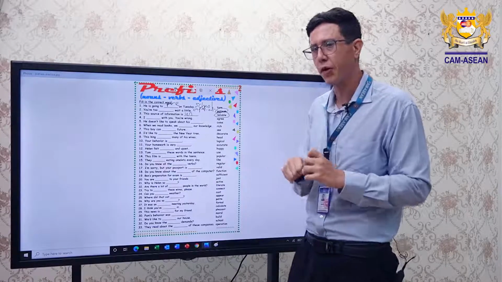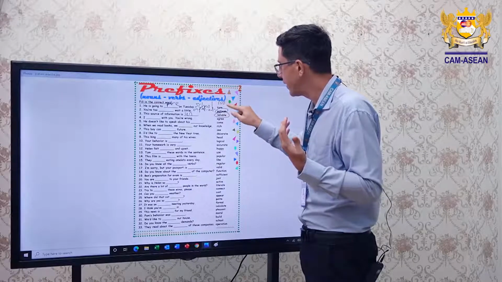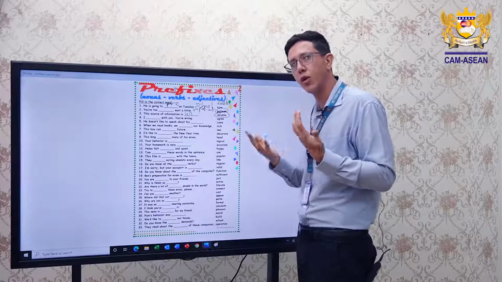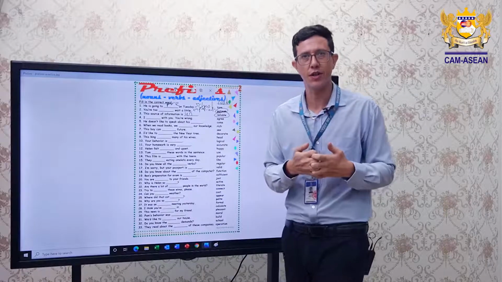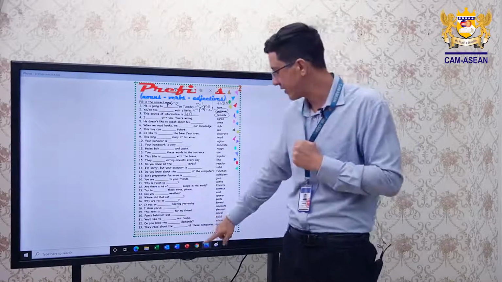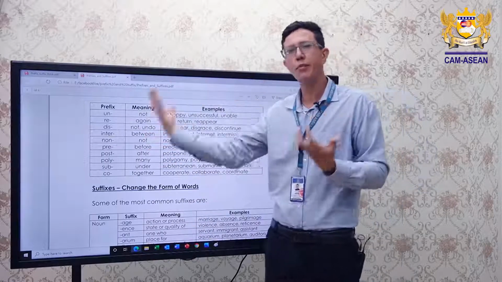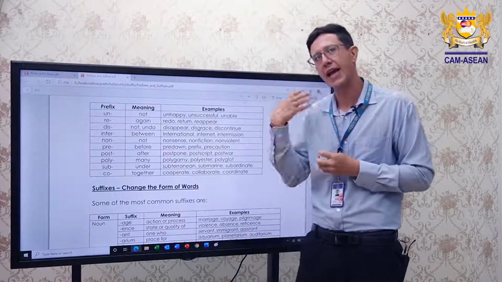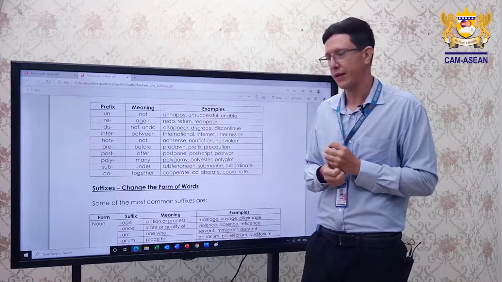Modifying the meaning of the word, but each root word, each main word has a definition, and we cannot change that definition. That's what's guiding us to decide. That's what's helping us decide what prefix should I use. Because remember, it has to make sense. I have to modify it correctly.